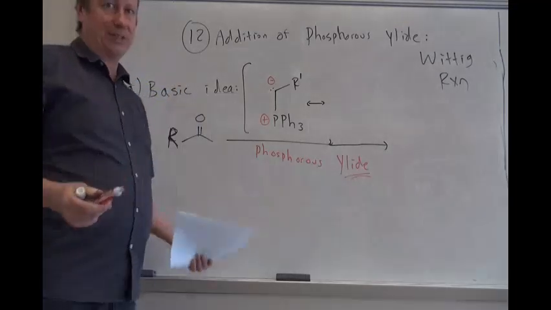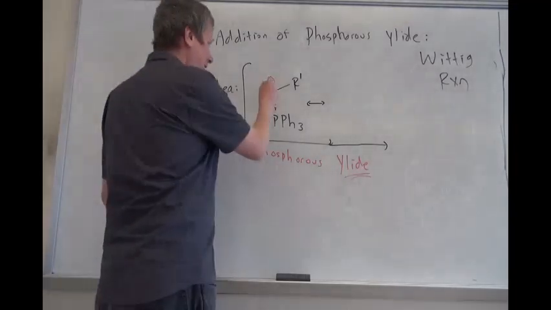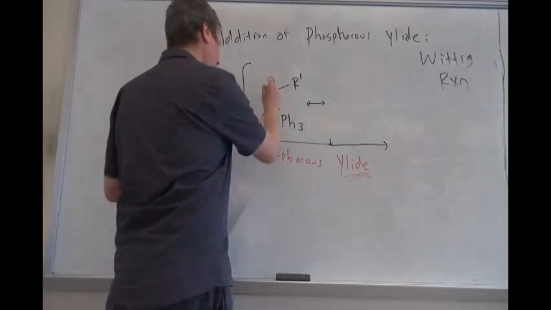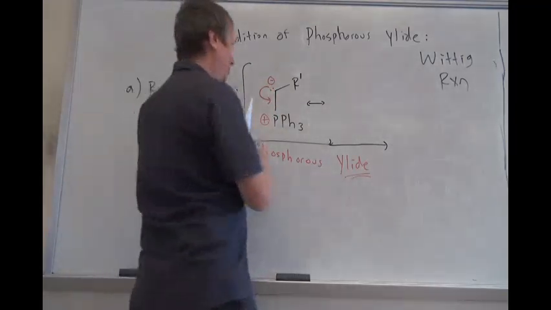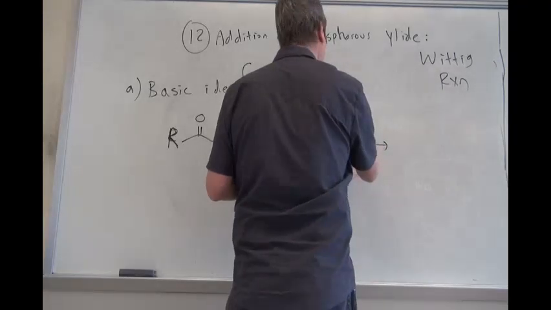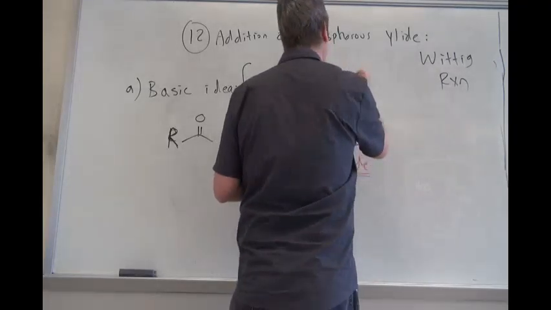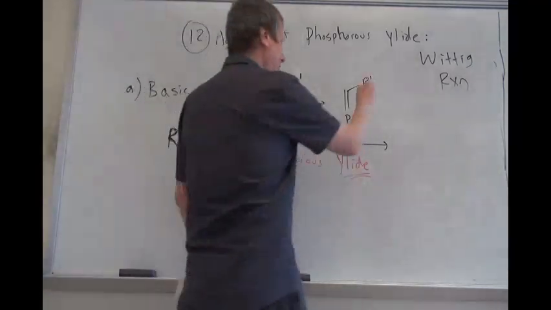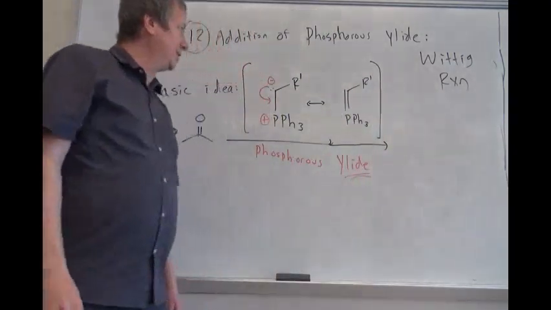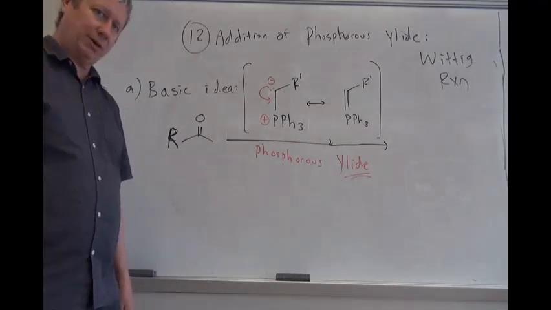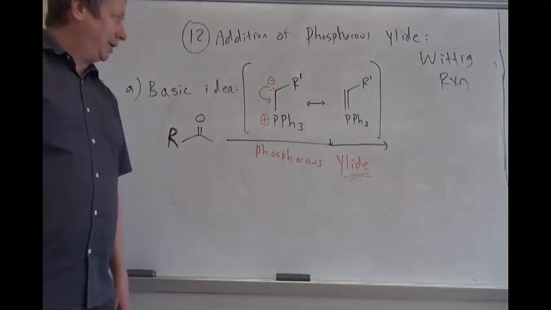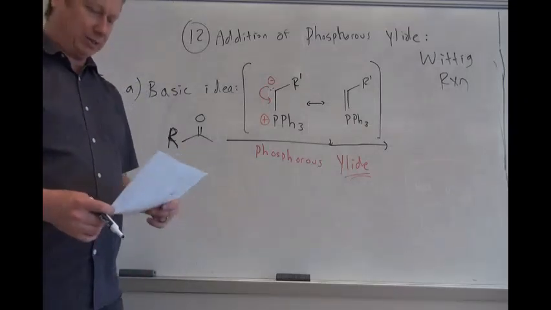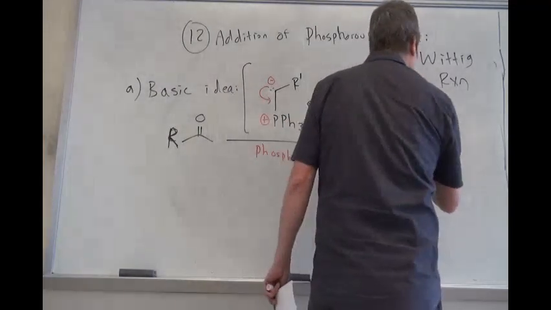Of course, what's the resonance form? It's pretty easy to see. I can kick the electrons down like this, and now you can see the resonance form. That's the phosphorus ylide. It's got two resonance forms. And the net result, so when I say the basic idea of this reaction is, it just makes an alkene.